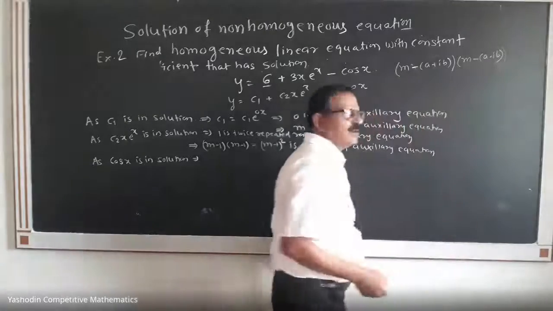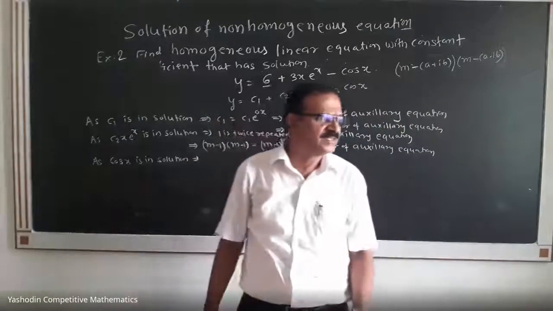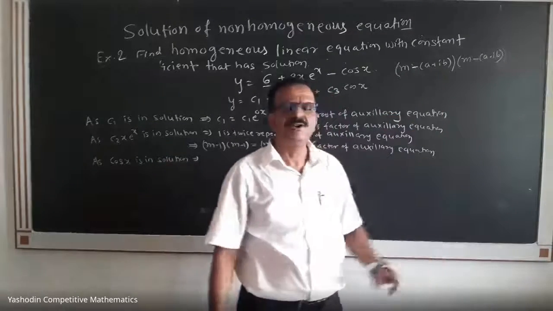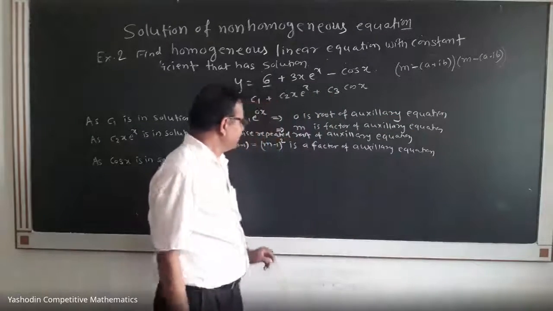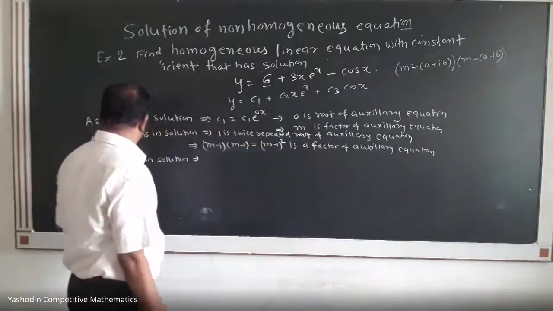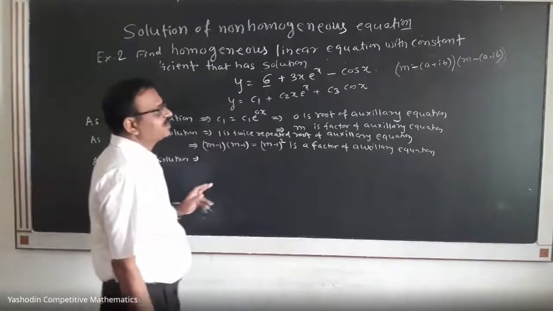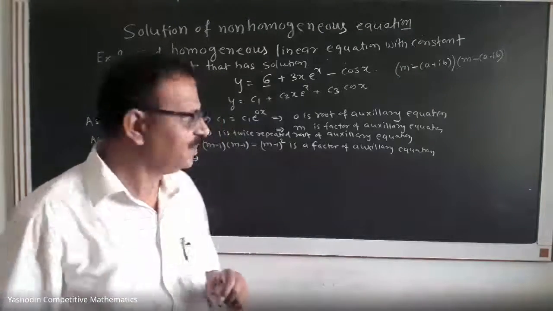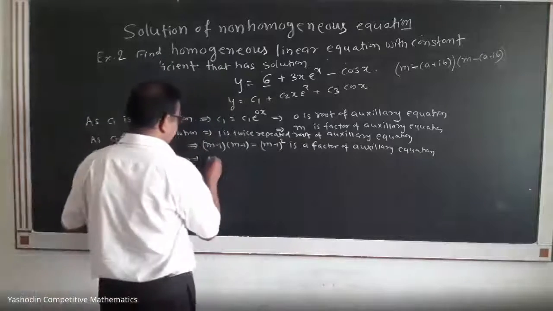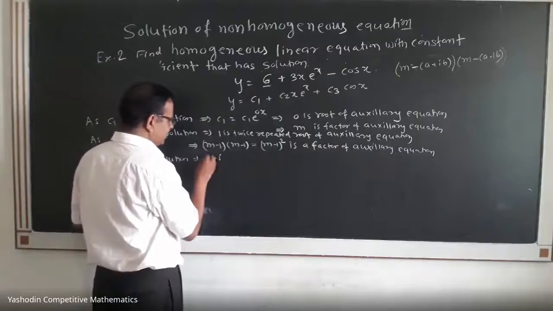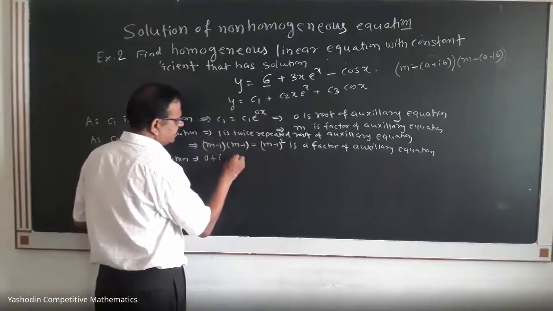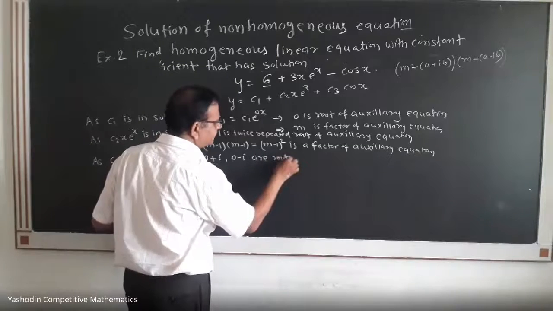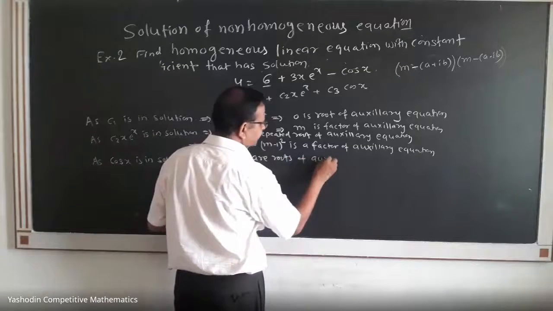These are the 2 factors of the auxiliary equation if the auxiliary equation has root a plus ib or a minus ib. Here, cos x is there only, not e raised to x cos x. Therefore, what is the value of a? a equal to 0 and b equal to 1. Therefore, 0 plus i and 0 minus i are roots of the auxiliary equation.